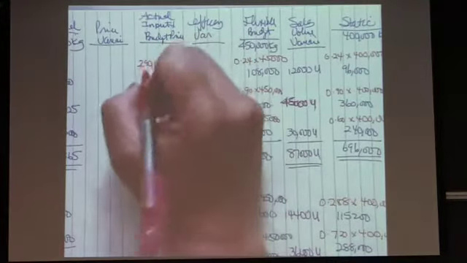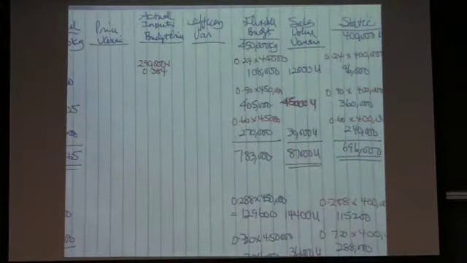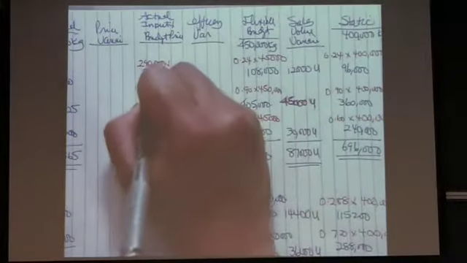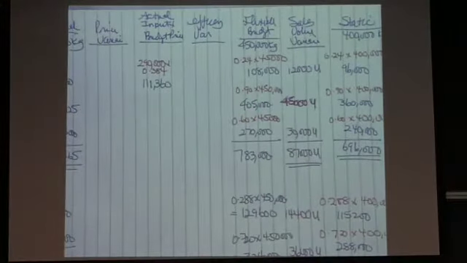times 0.384. This gives me 111,360. I'll worry about these two variances in a minute. What's the next one?